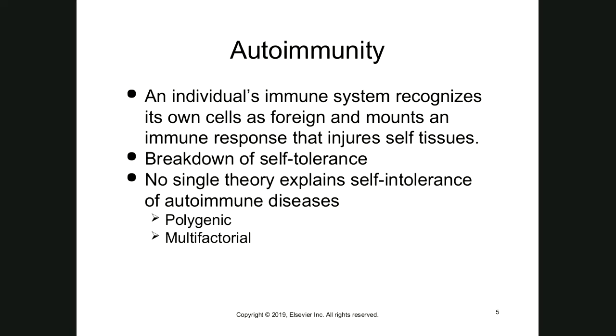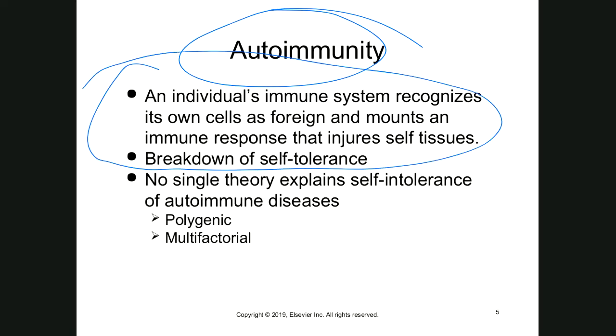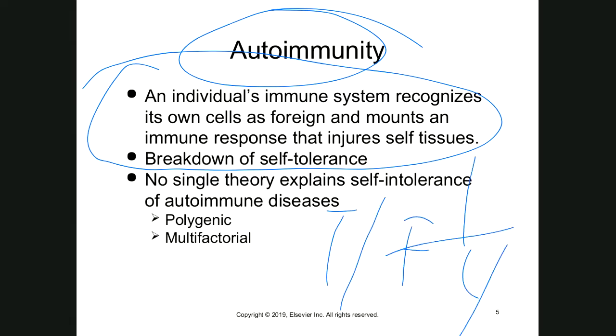Now, autoimmunity, I already mentioned this one in all the classes. I will go now with these two bullets. That definition is extremely important. It's a true or false question also, and it's just one question so far. Remember that the purpose of the immune system always is not only to defend your body, but also to recognize that every part of you belongs to you and is not a foreign invader.